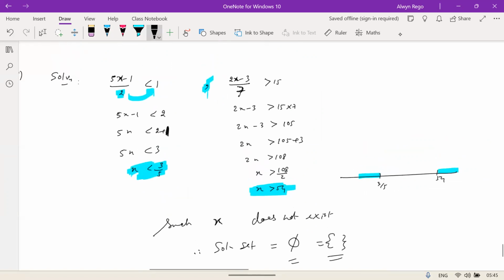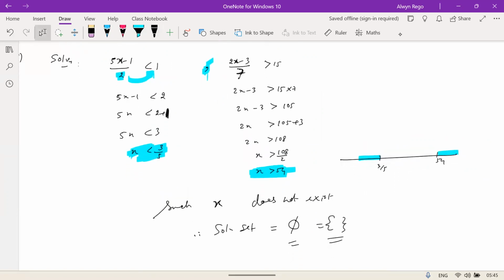So if you are doing some kind of experiment, you're looking for an element which satisfies these two conditions, maybe in pressure or temperature or whatever it is. If you are looking for a value satisfying less than 3 by 5 and more than 54, then such a value is not possible.